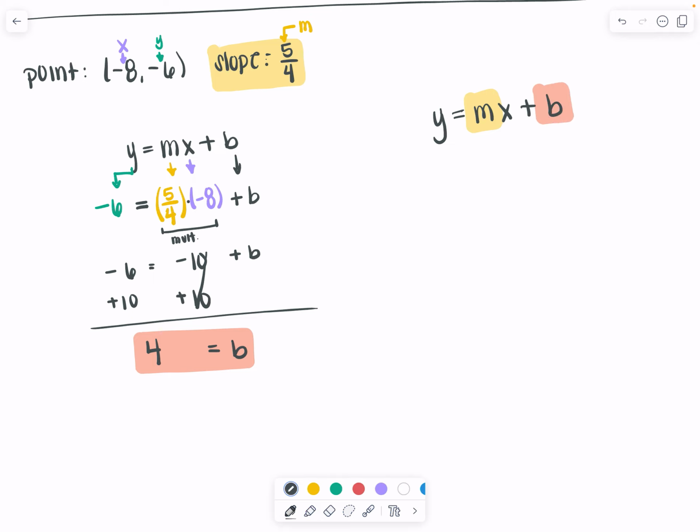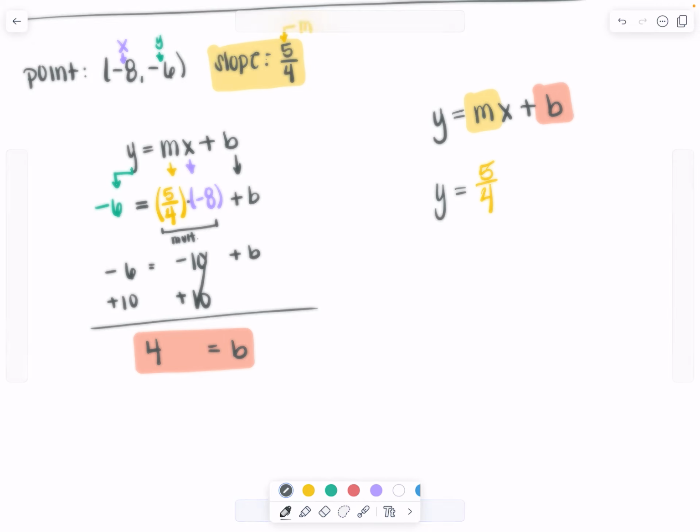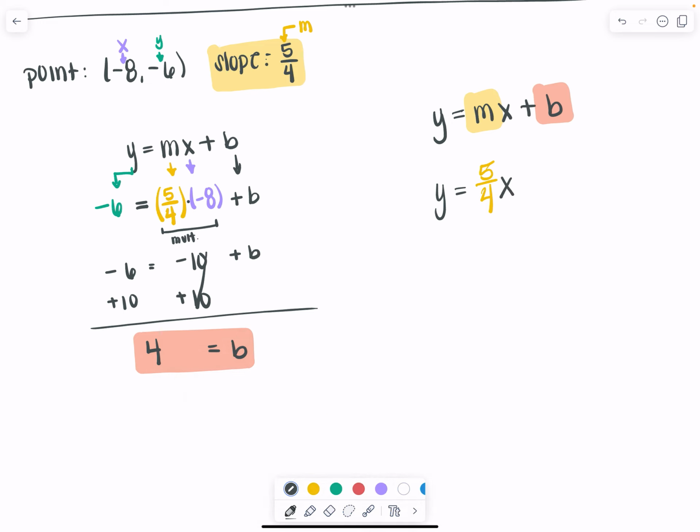And so my equation is going to be y equals 5/4 x plus 4. That will be my final equation, the answer that I would type in. I hope this has helped.